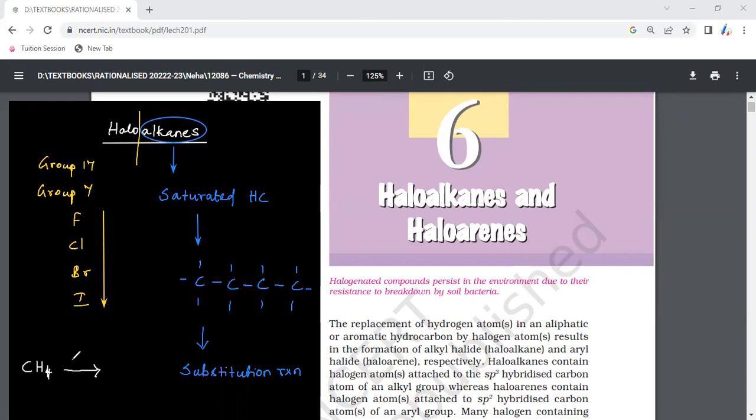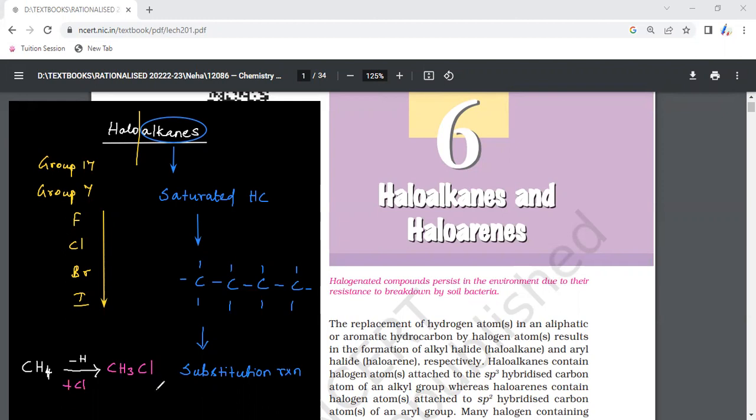Let me tell you very shortly. One hydrogen atom is going to be displaced by one halo atom. Let us take chlorine. So when you remove one hydrogen atom from this methane, it goes to methyl. And in the place of the hydrogen which was displaced, chlorine is going to take up the position. So now we have got chloromethane.